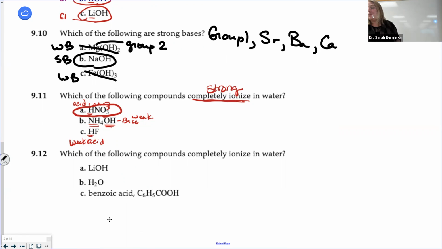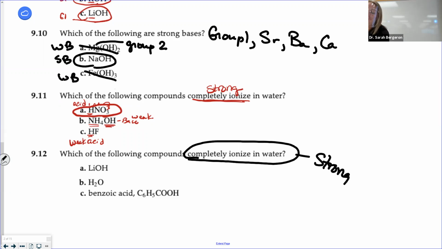Okay. Which of the following compounds completely ionizes in water? What does that mean? Completely ionizes in water. It's going to be a strong acid or a strong base.